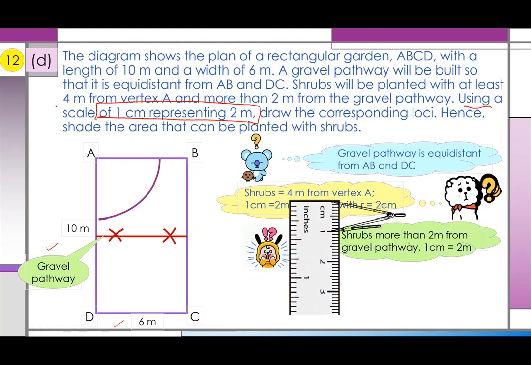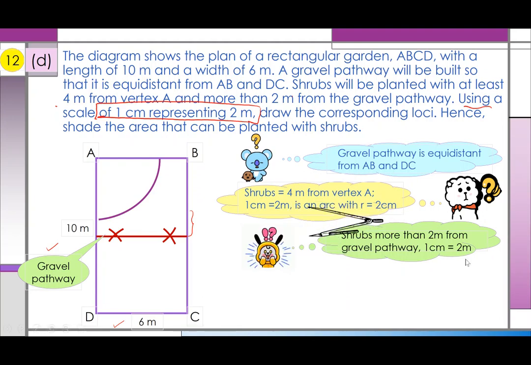The shrubs must be more than 2 meter from the gravel pathway. 一定是要2 meter 从这里。Okay, so 1 cm equal to 2 meter. So I measure 1 cm. Okay, all are 1 cm. So this is the locus of the shrubs.